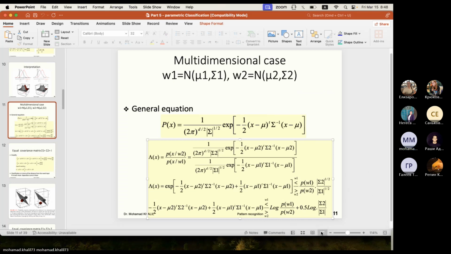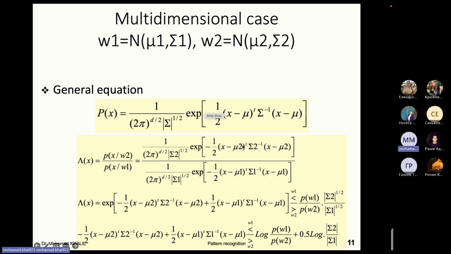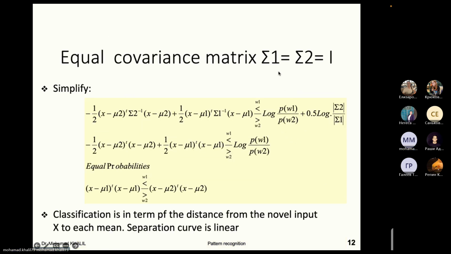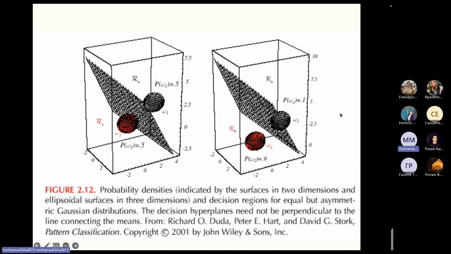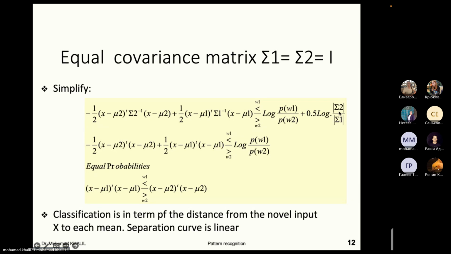The ratio of class 2 over class 1, if it's less than class 1 over class 2, you take all this equation. But here we have sigma 1 equals sigma 2 equals I. So you change here; over here it is 1. So you have to take only this and this. And if there is the same probability, you have to take only this.